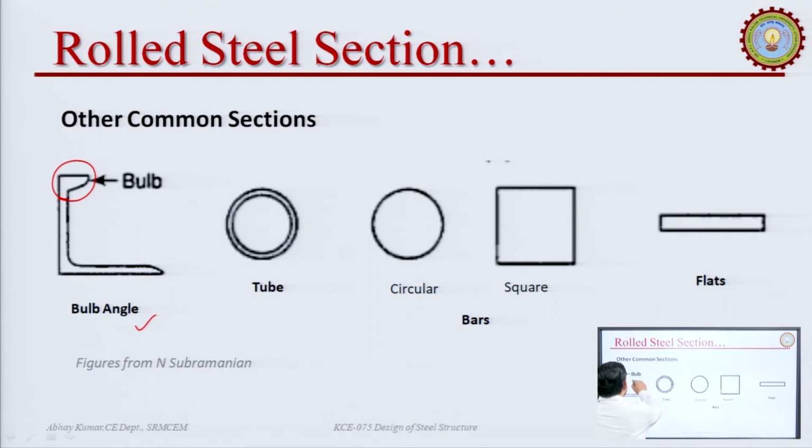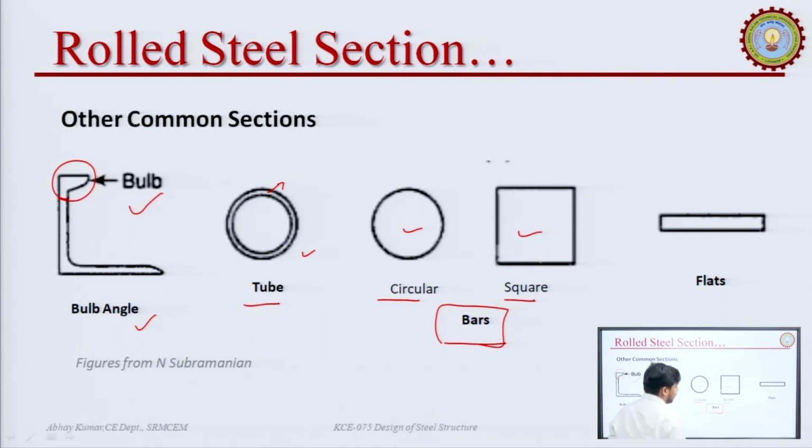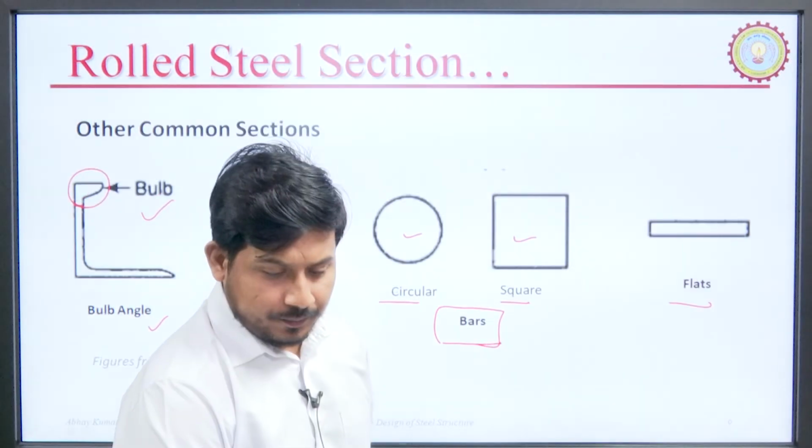It is mostly used in the ship building industry. We have various kinds of bar sections available. It is a tube section, which means it has a hollow tube, a thin shell kind of structure. It is a circular section, square section. So, various bars come in the market with these kinds of sections. Also, various flats or sheets and strips of steel come in the market.